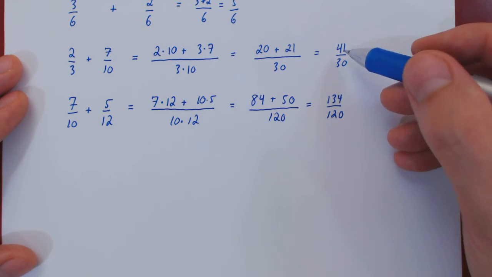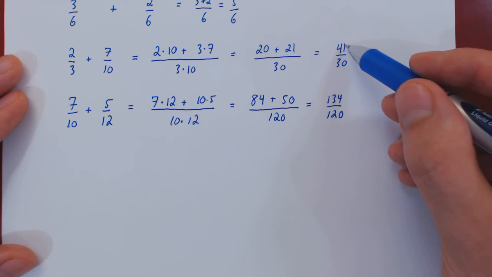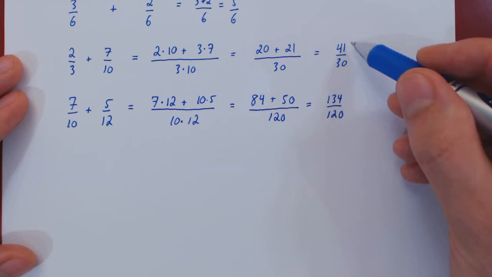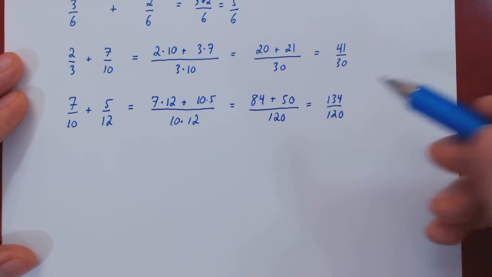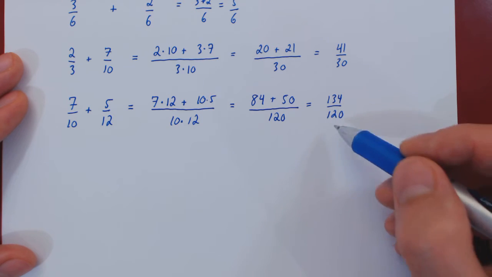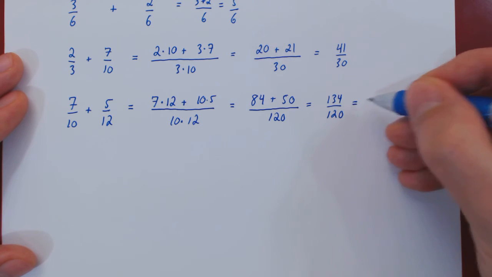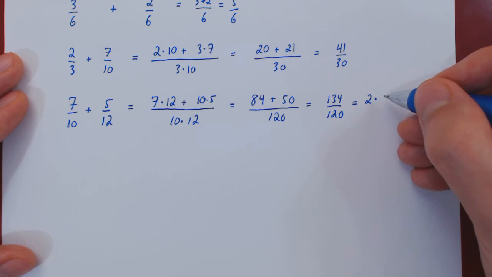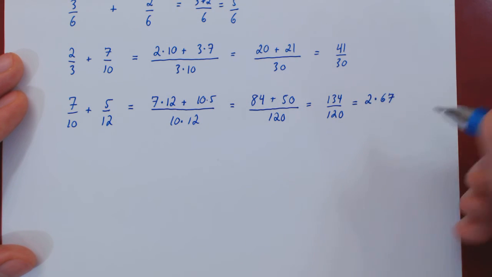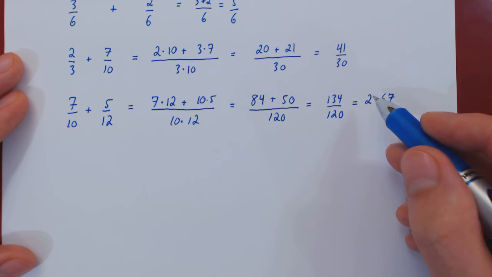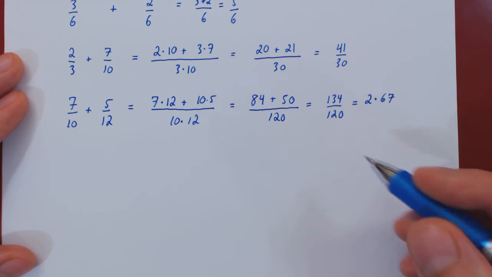In the previous example, 41 and 30 did not share any common factor, so this fraction was already fully simplified. But if you look, obviously 134 and 120 share a common factor of 2. They're both even numbers. So if we factor 2, well, 2 times what is 134? This is 67, right? 2 times 60 is 120. 2 times 7 is 14. 120 plus 14 is 134.